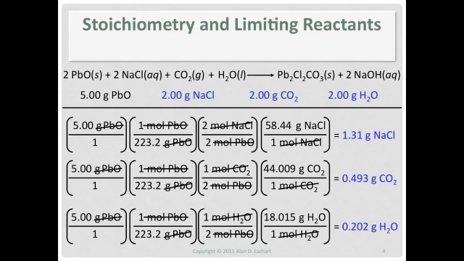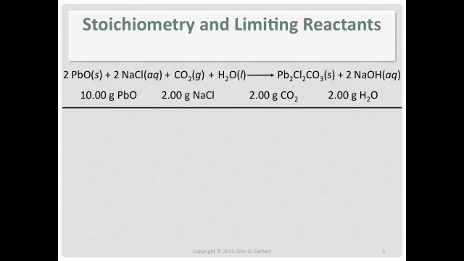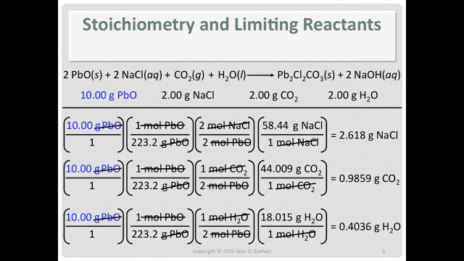Change things up. Let's say I just changed the mass of the lead 2 oxide and I make it 10 grams. I do the same kind of calculation as I did before. Now look at the masses of the other reactants I need. I'm okay on carbon dioxide and water because I have more than enough carbon dioxide and water to react with 10 grams of lead 2 oxide.